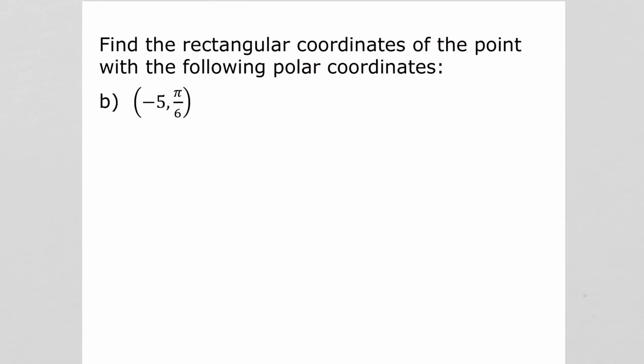Another one here, x will be r cosine of theta. Cosine of pi over 6 is √3 over 2. So x will be -5 times the square root of 3 over 2.